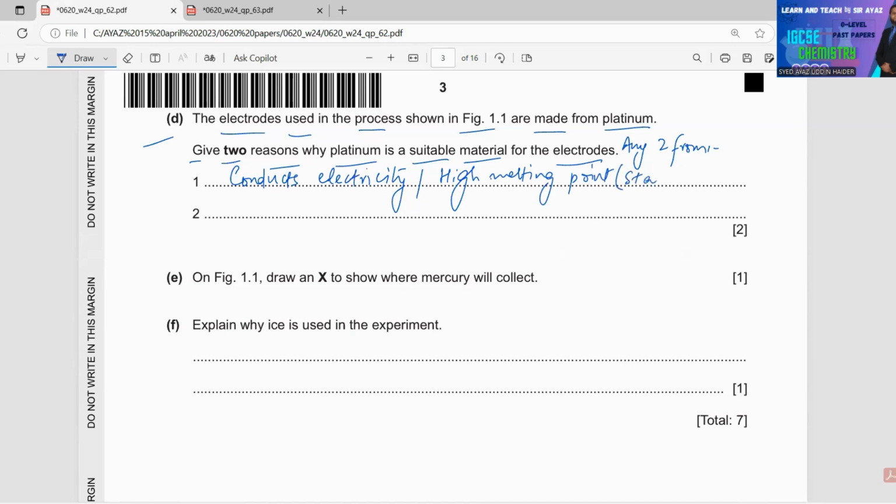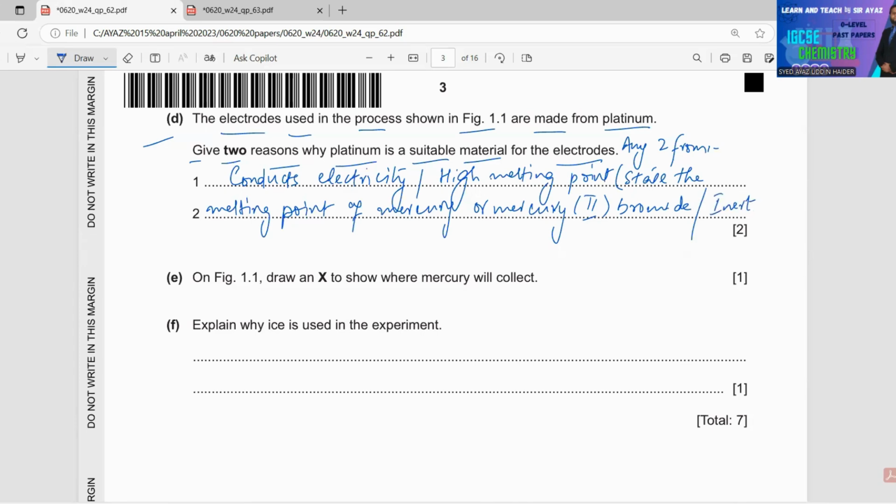If you want, you can state the melting point of mercury or mercury(II) bromide. It's better, if you want to show it, to state the melting point of the one with the highest melting point. I mean, you can write inert or does not react.